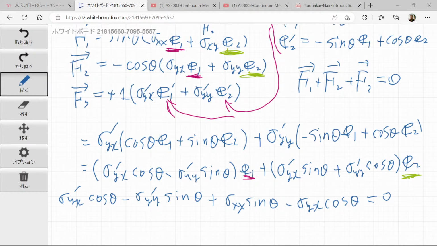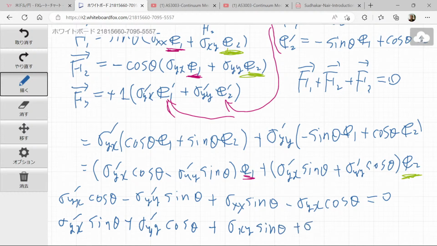So that means sigma yx prime sin theta plus sigma yy prime cosine theta, plus sigma xy sin theta plus sigma yy cosine theta.